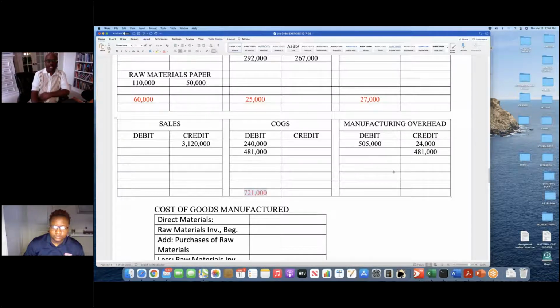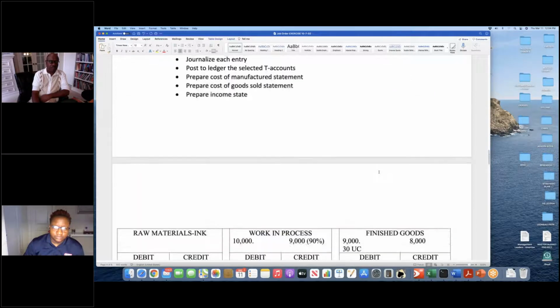And how much do we got in manufacturing overhead? 0. Should be 0. When you make that journal entry, it should be 0.